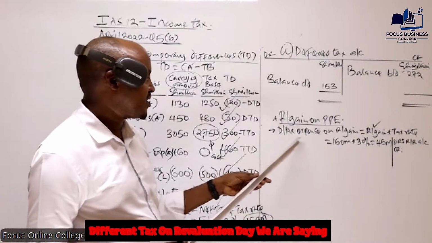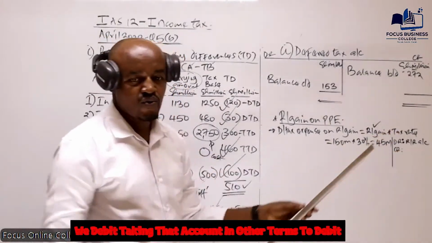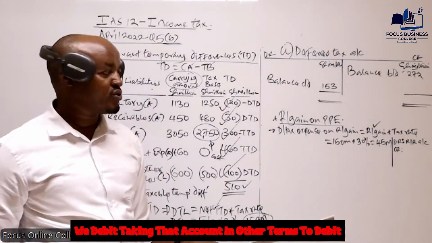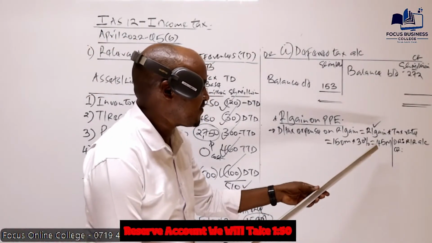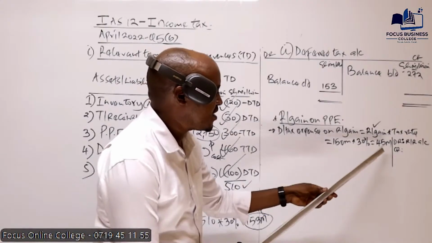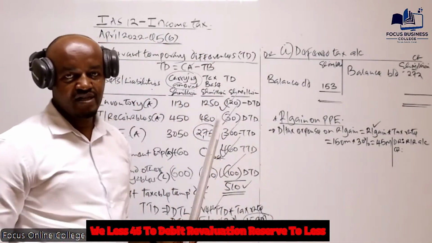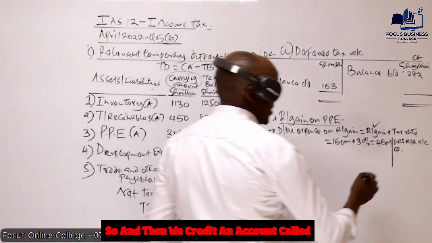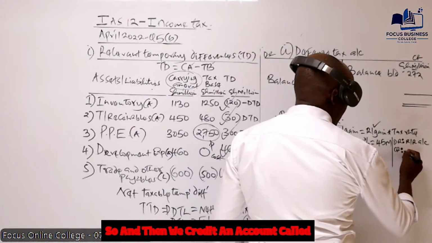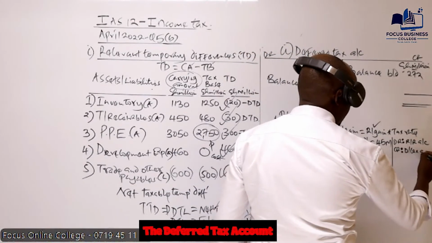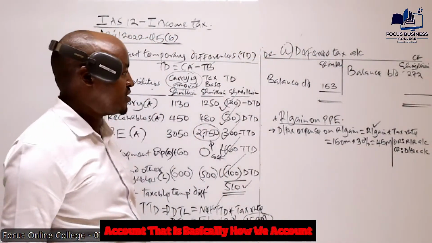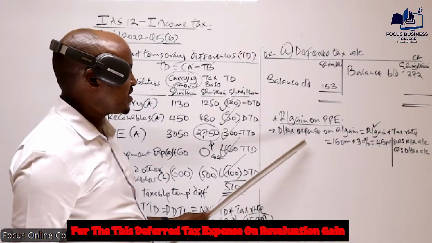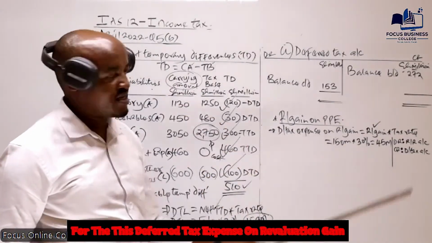Now, this deferred tax on the revaluation gain, we debit it in that account. In other terms, when transferring this amount to the revaluation reserve account, we take 150 less 45. To debit the revaluation reserve is to less. And then we credit the deferred tax account.